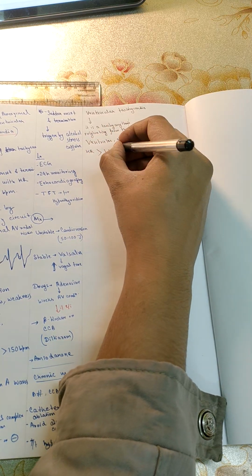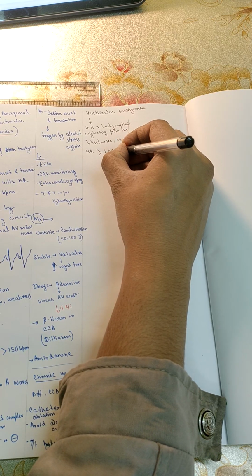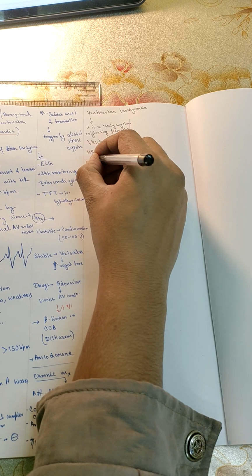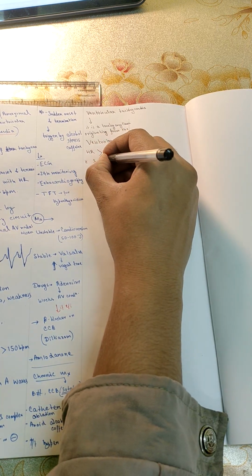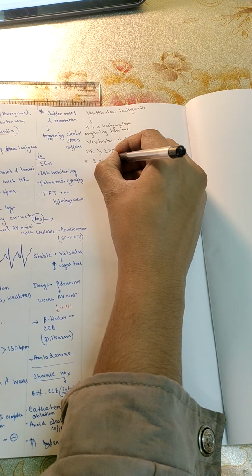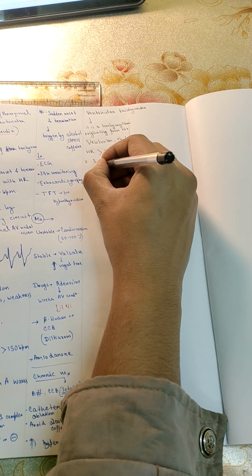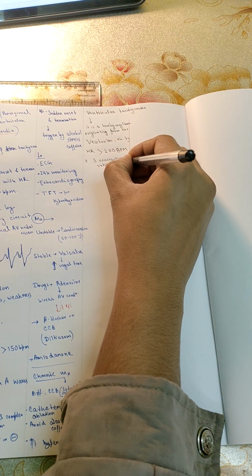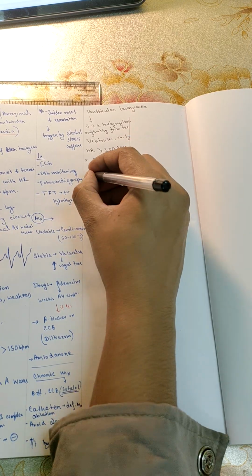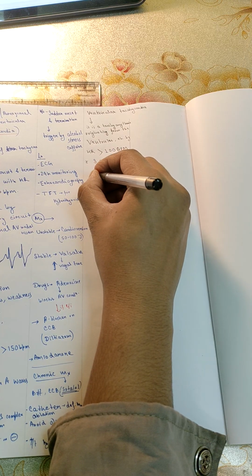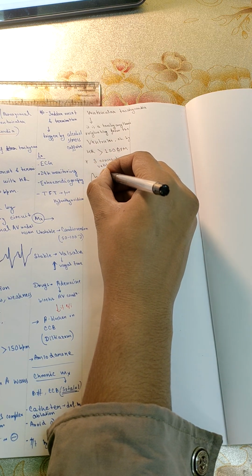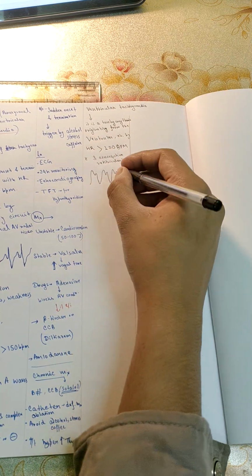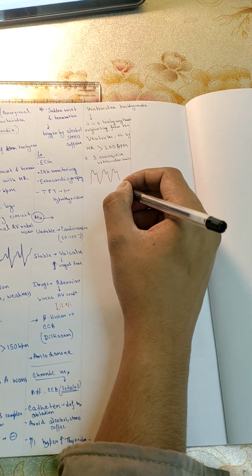That's why it is a tachycardia, with 3 consecutive ventricular beats. Okay, so it is more like this. Okay, now what are the types of tachycardia?